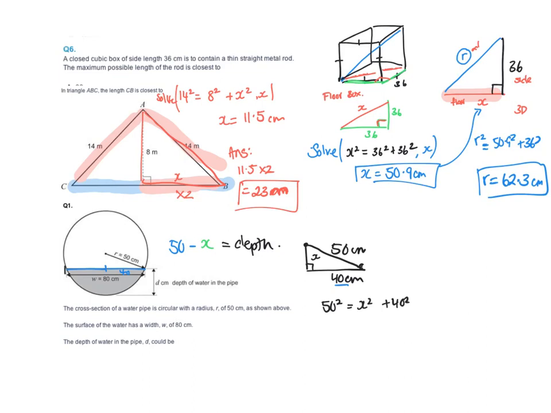And I can do the solve. And I can find out what x is. So x ends up being 30. So therefore, 50 minus 30 equals the depth, which is 20 centimeters equals the depth.